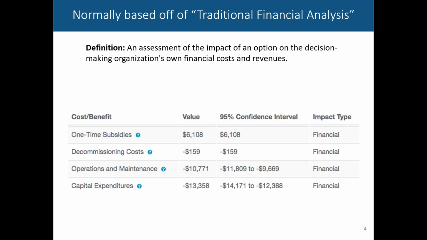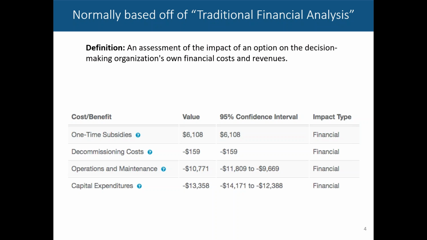So we're talking about traditional financial analysis in the sense that a business case is made for your own organization when you're looking at a particular investment, say in GSI, looking at your financial costs and revenues. In a traditional financial analysis, we can see these different line items, and these are outputs from AutoCASE, and we're going to see different line items added to represent different complexities and rigor in these business cases.